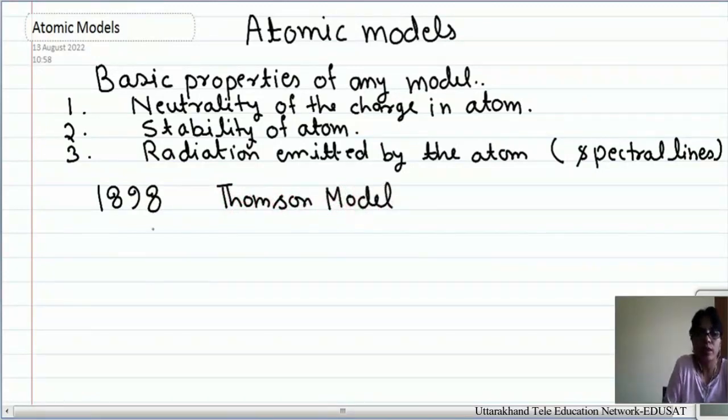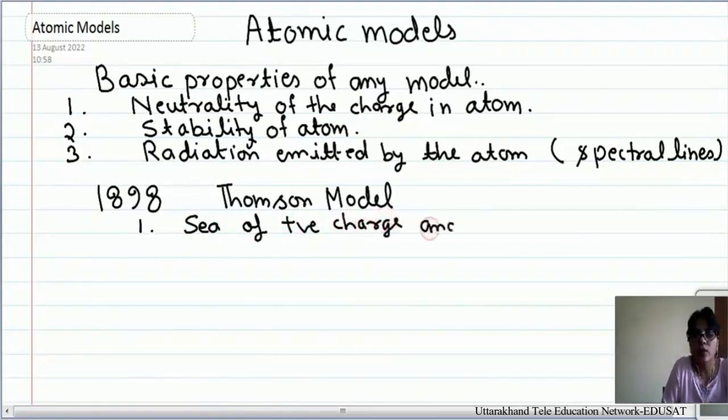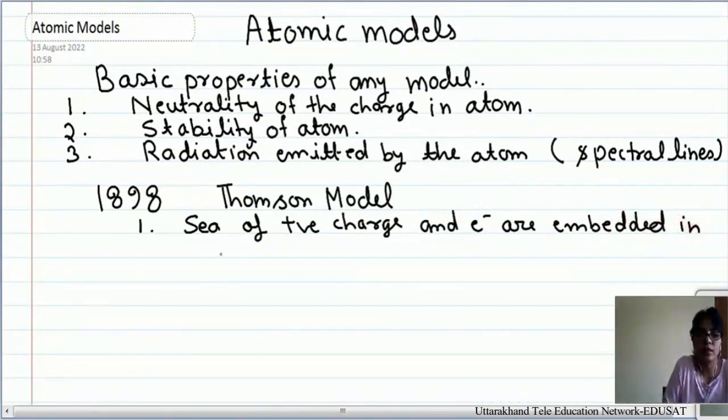Thomson said that in his model there is a sea of positive charge, and electrons are embedded in the sea of positive charge.